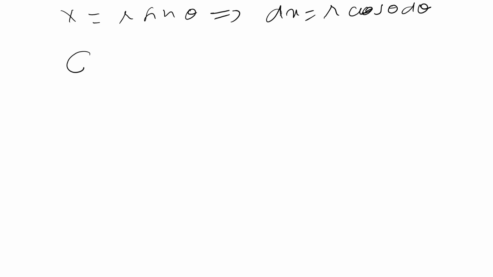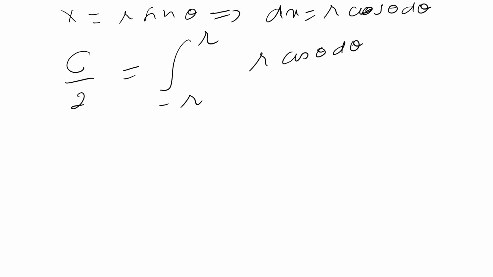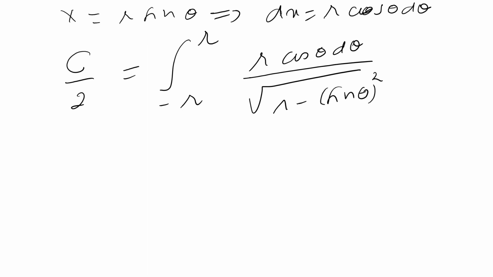Our integration will become C over 2 is equal to the integral from negative r up to r of r cos theta d theta over the square root of 1 minus sin squared theta.